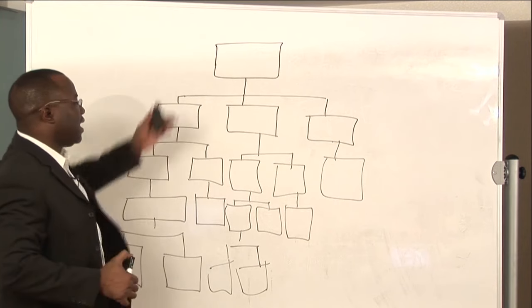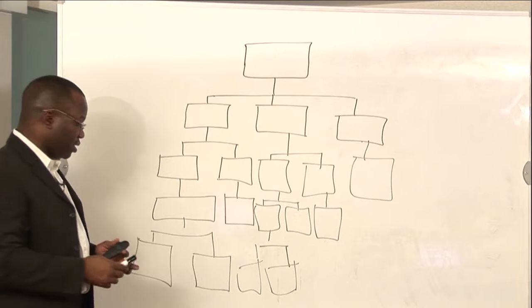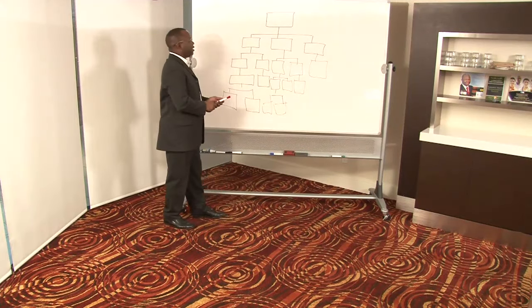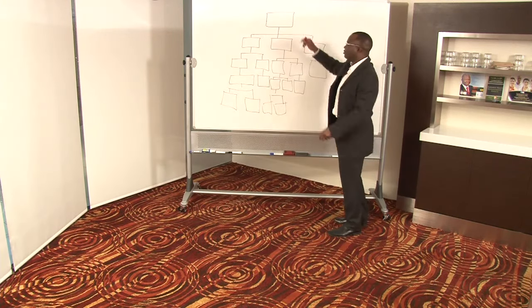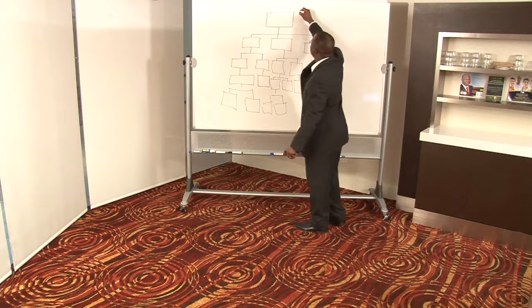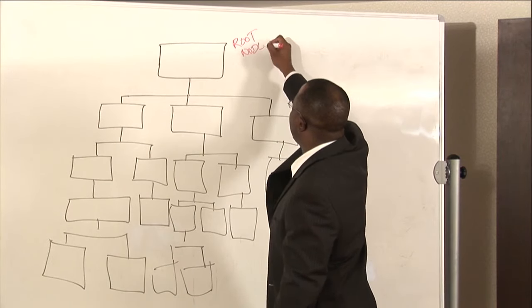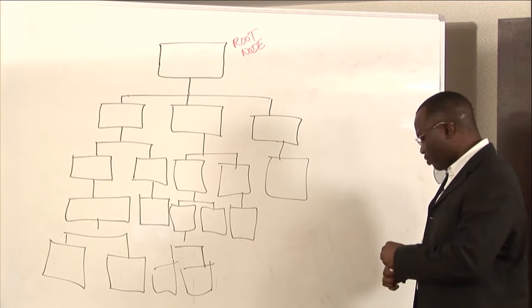But there's some key elements in the WBS that you need to be aware of, and those key elements I will show you. So up here, we call that the root node. R-O-O-T, root node. The root node is at the topmost level of the WBS. Okay, that's your root node.